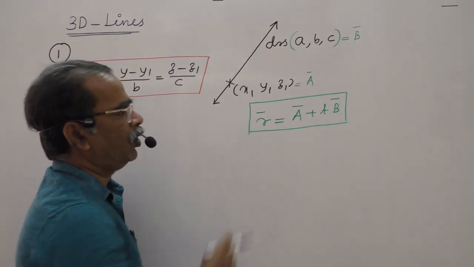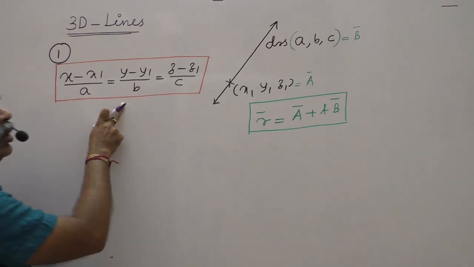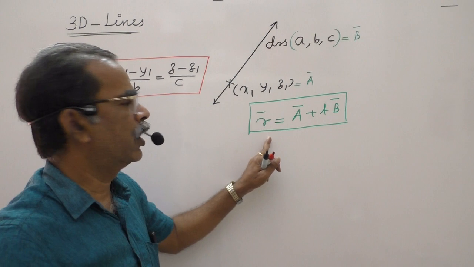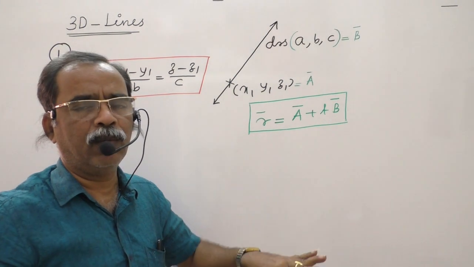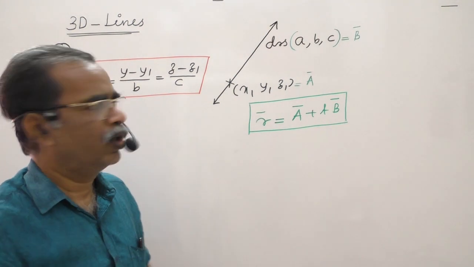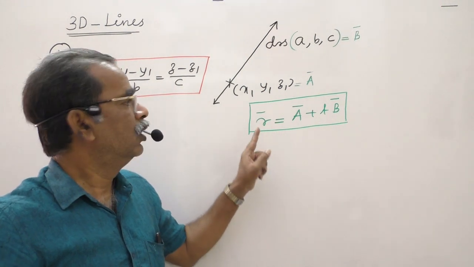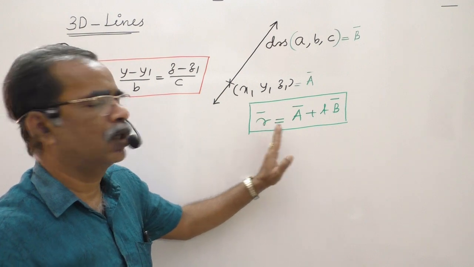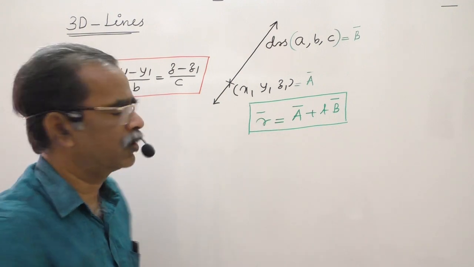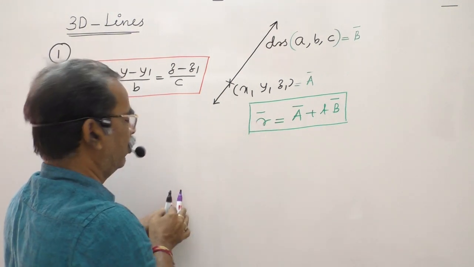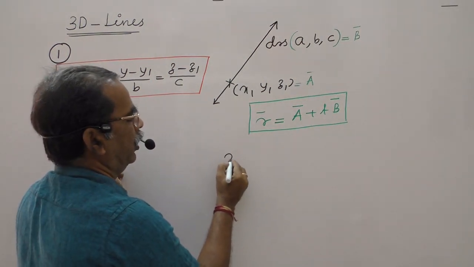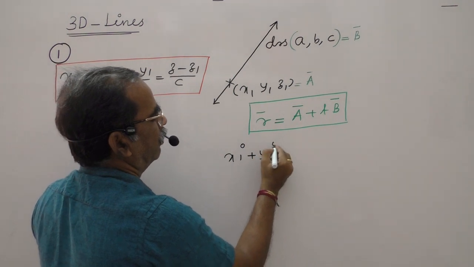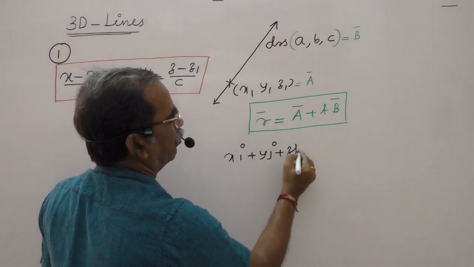See now, this is the Cartesian equation where x, y, z are variables. Here it is the vector equation, r bar is a variable vector. Whenever you want the Cartesian equation of a vector equation, you are supposed to eliminate the vectors. What is r bar? R bar is a variable vector, xi plus yj plus zk.